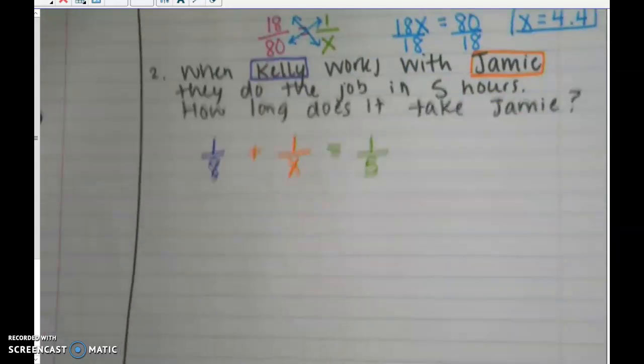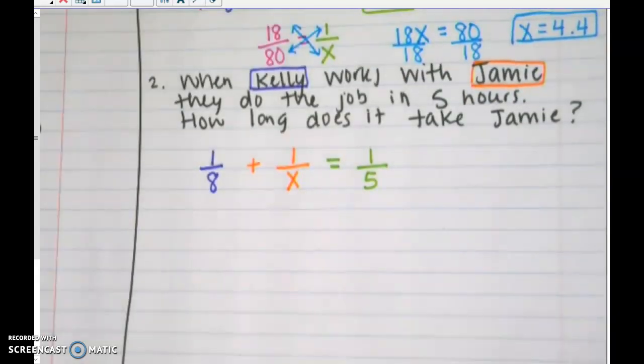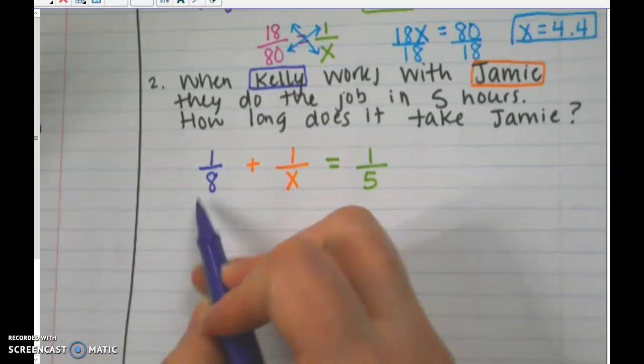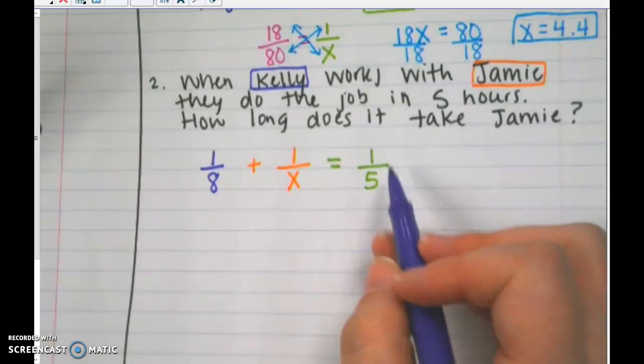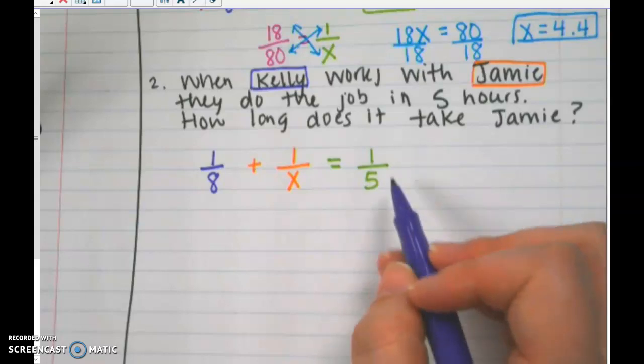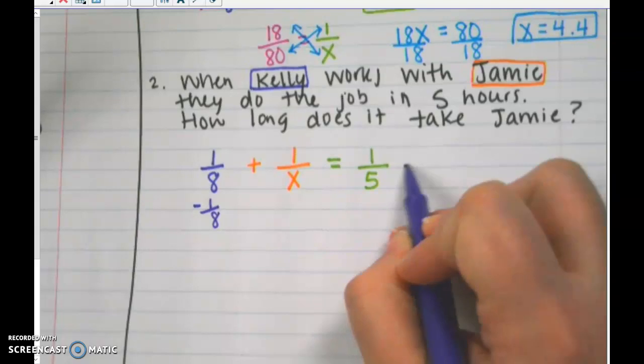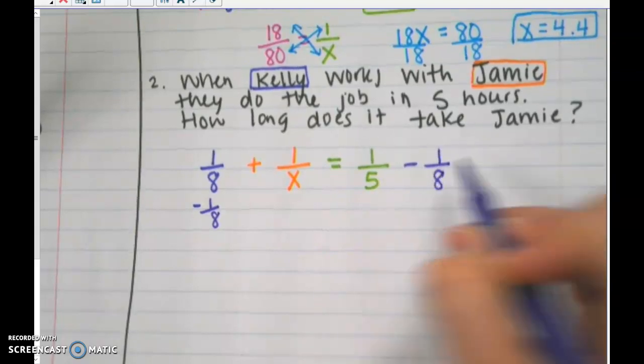All right, so keep in mind we are solving for x. So I have to isolate the x. So the first thing that I want to do is I want to subtract Kelly's answer from the amount of time it took them when they were working together. So I'm going to subtract 1/8 on both sides.